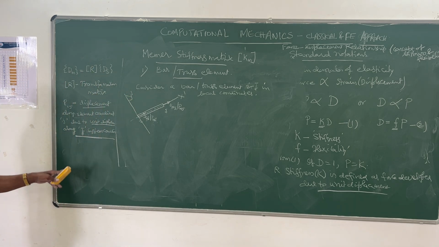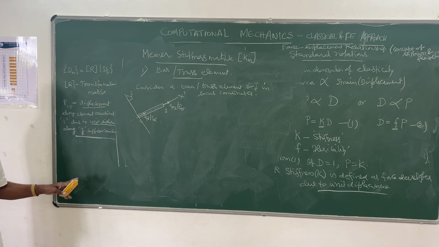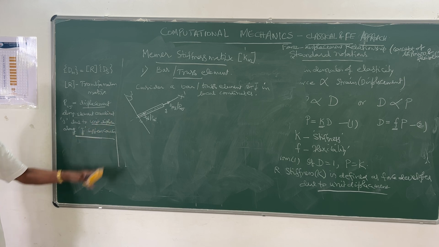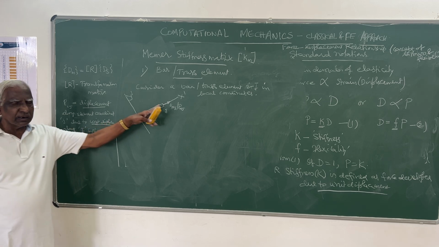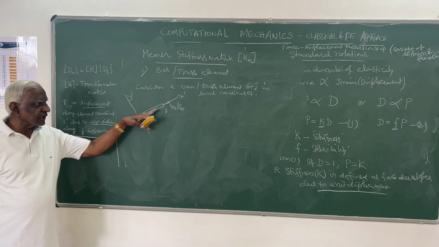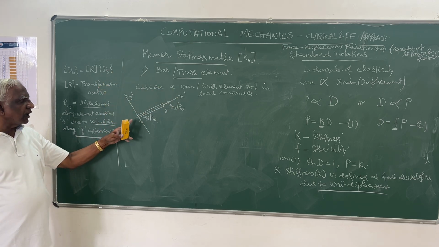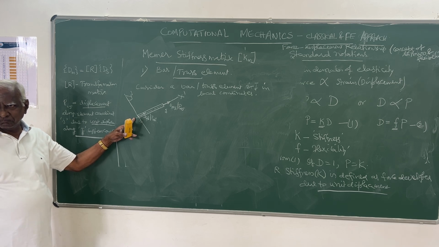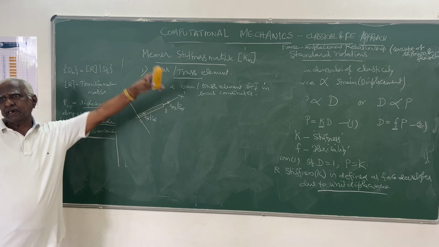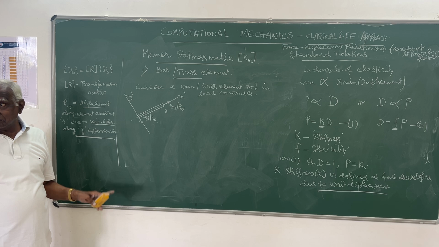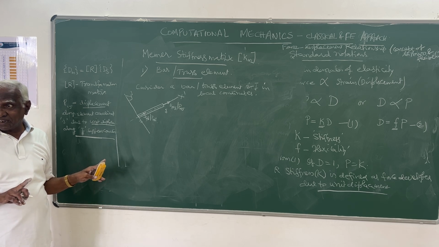That is the notation I am using: the force along the member coordinate at J, and the displacement corresponding to it. The positive direction I am taking like this. The origin I will always select as I, and I to J is the direction of the local coordinate. I hope everything is clear now.